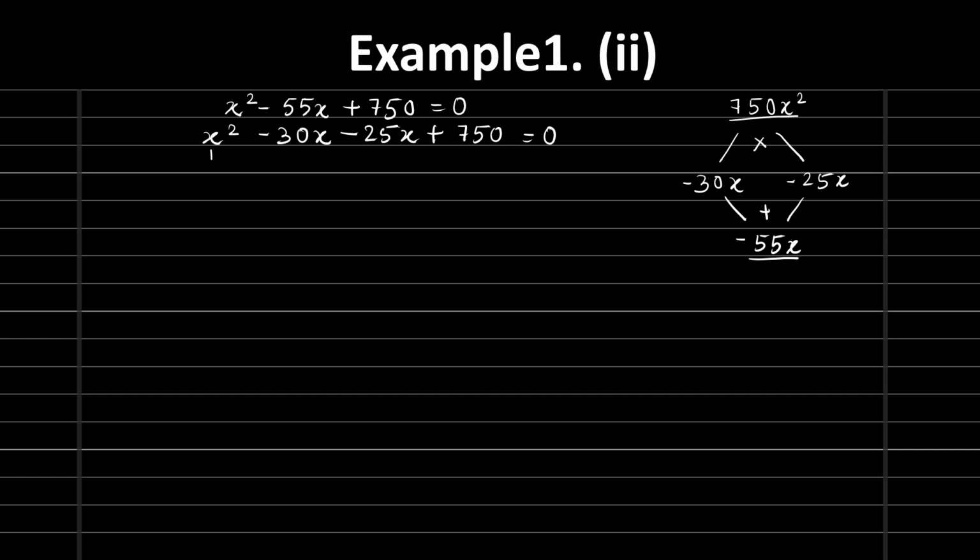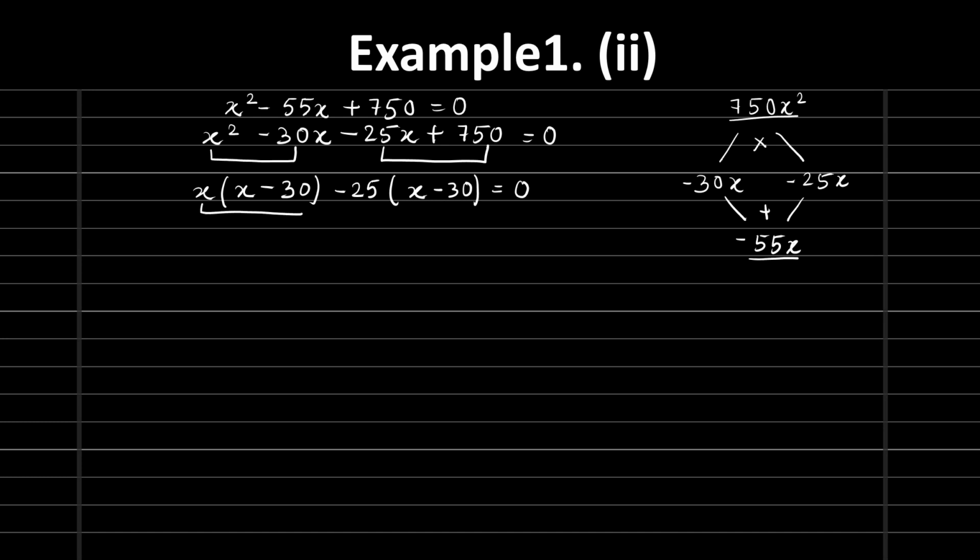Now once again observe the first two terms. Is there anything we can take common? X, right? X is something we can take common from both of them. So in bracket we will get x minus 30. Now look at the next two terms, minus 25x plus 750. From these two, can we take anything common? Minus 25. So again inside the bracket we will obtain x minus 30. Equate it with 0.